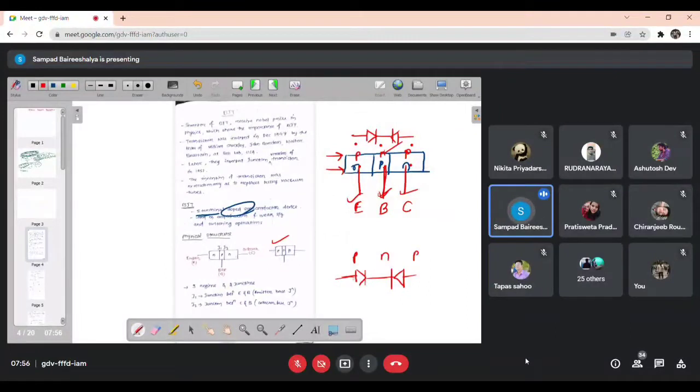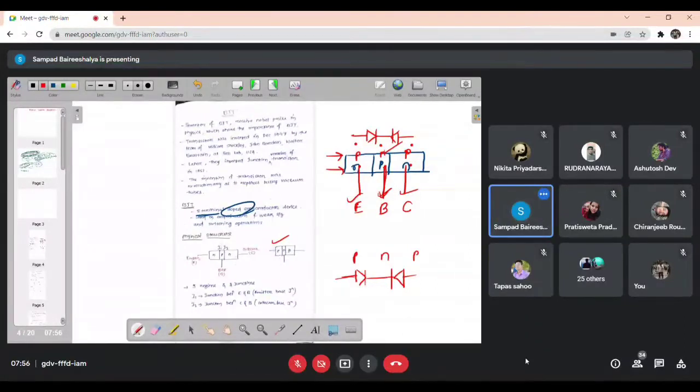Remember one thing: if you understand the diode very well, then only can you understand the transistor easily. If you still have doubt in the diode, then you will face difficulty in the transistor part, because a transistor is simply an application or combination of diodes. How the diode operates, in the same manner it operates here also.